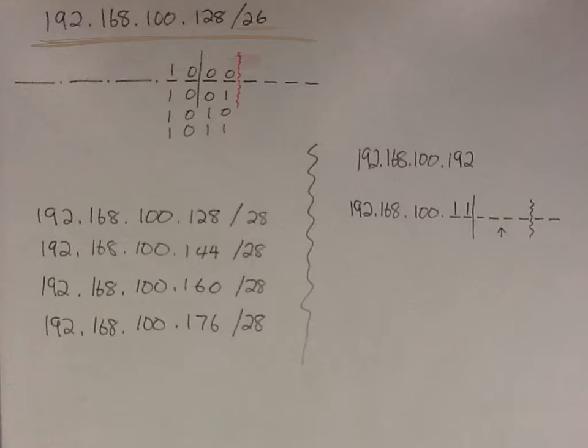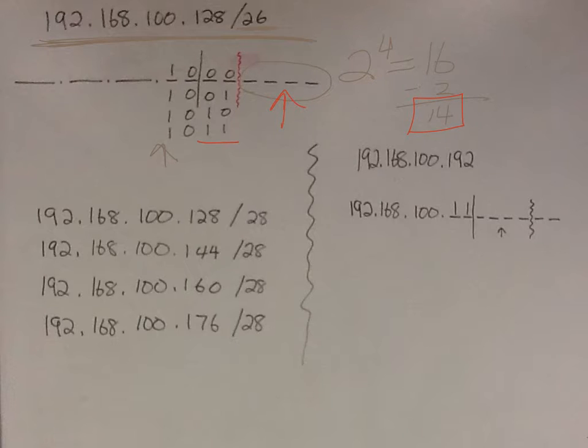So I took one of those, so that one's there, and then I said we're going to borrow 2 more bits, because then this 2 to the 4th, which is 16, minus 2 will give us our 14 addresses. Okay? So that'll give us 14 addresses.